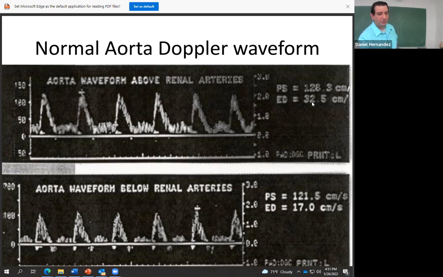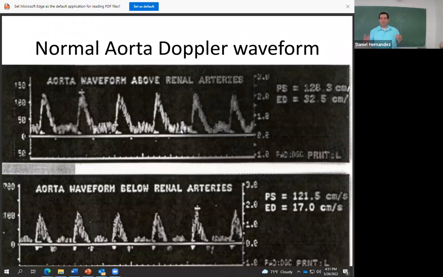much lower resistive index. The reason for that, remember we said arteries get their Doppler characteristics based on where they're going. At this point, we're sampling higher up in the aorta, so some of that blood flow is going to organs, and organ flow has low resistance and needs that constant forward flow.